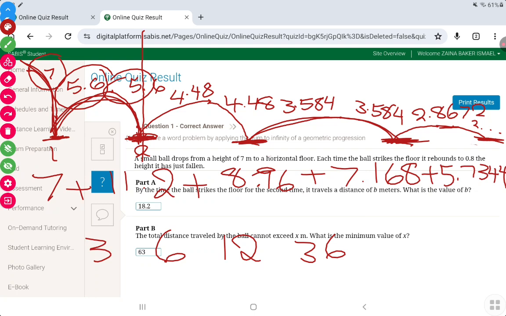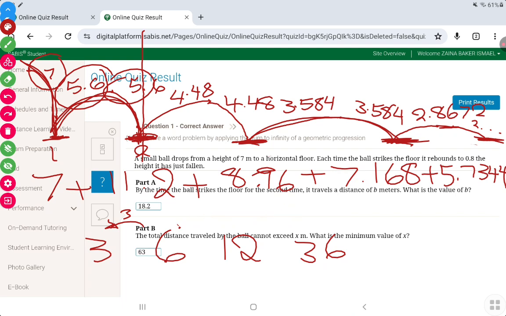All these numbers don't increase by the same amount. If you do 6 minus 3 you get 3, okay, but if you do 12 minus 6 you get 6. If you do 24 minus 12 you get 12. So you don't have a common difference. You don't add the same number every time, which means it's not arithmetic.